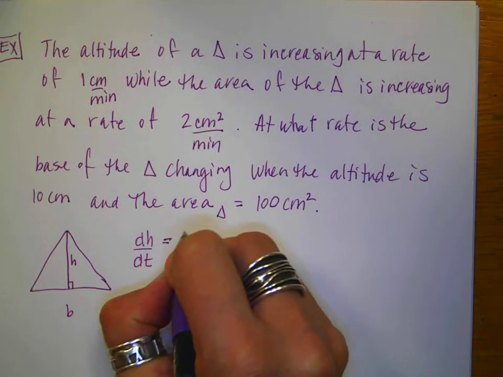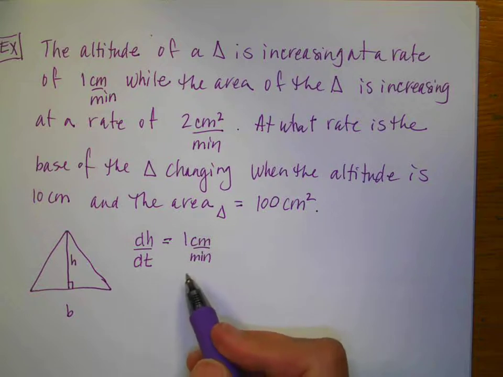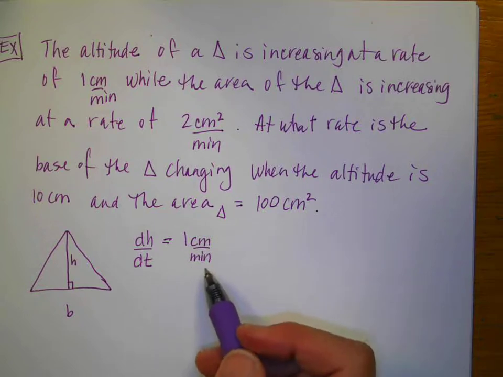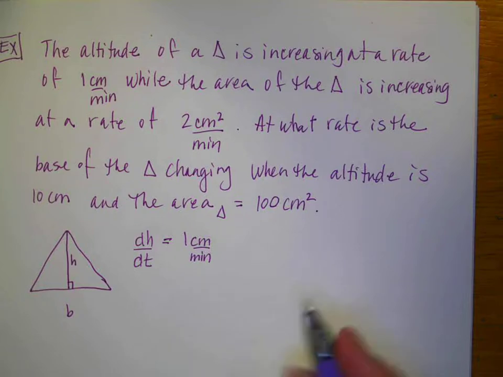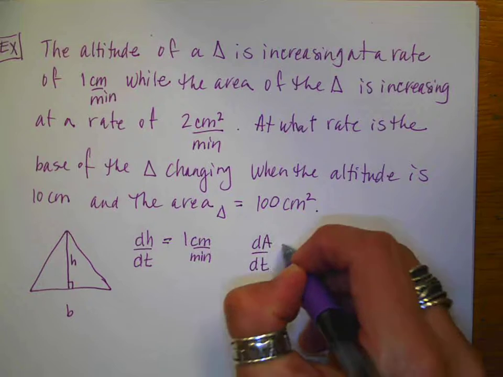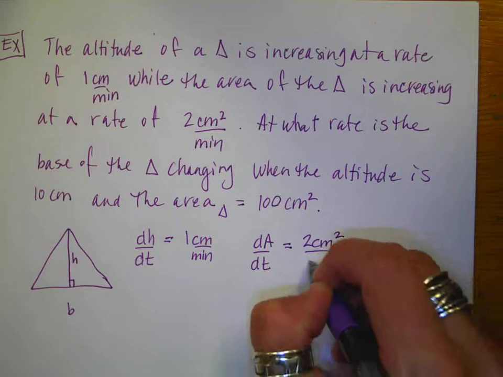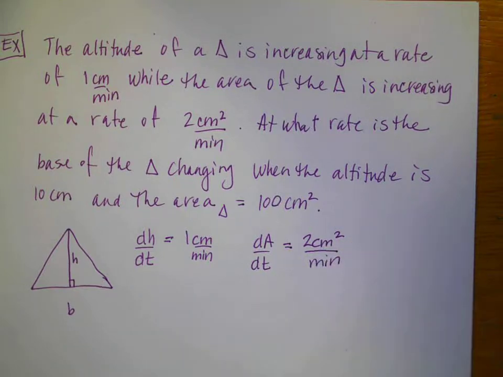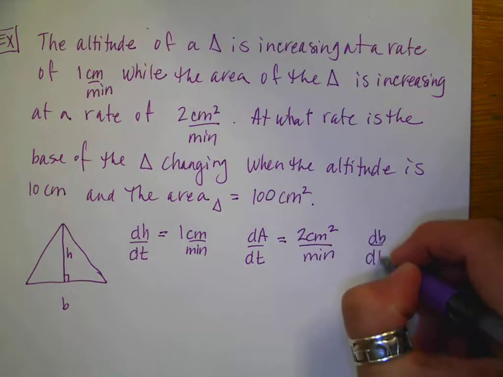It says the altitude is changing, so dH over dt is changing at a rate of 1 centimeter per minute. And remember, we're talking about distances, so this is all the units for our measure because this is linear. And then it says that the area, so dA dt, is changing at a rate of 2 square centimeters per minute.